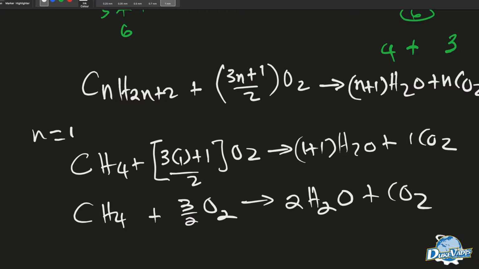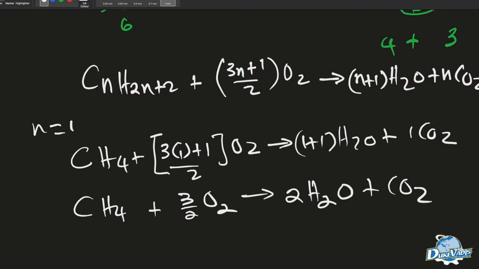Okay, it does balance the equation. The oxygen here is 2, and the oxygen here is also 2.